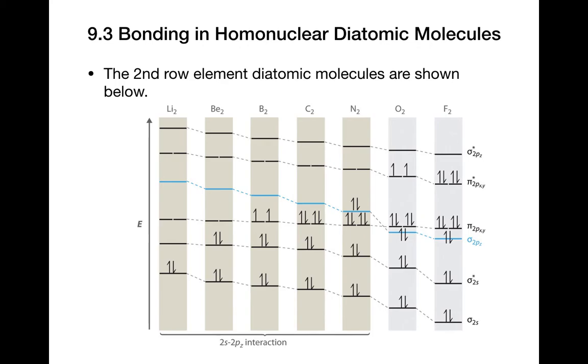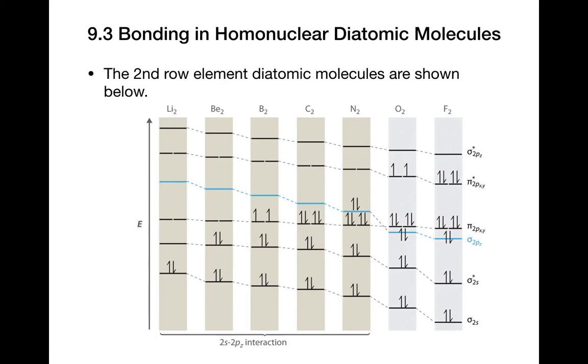I would have called it sigma 2px and the other two pi 2p y and z, but you can pick your own coordinates. The two electrons are going to occupy the pi 2p x and y. Notice they are unpaired, which would give this B2 molecule some paramagnetic properties. In other words, it would respond to a magnetic field and be attracted.